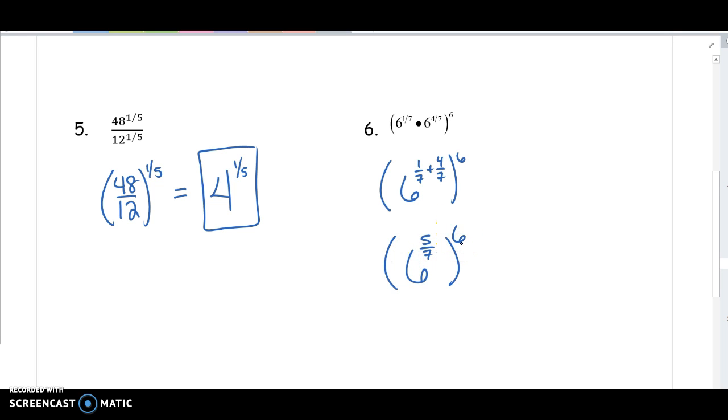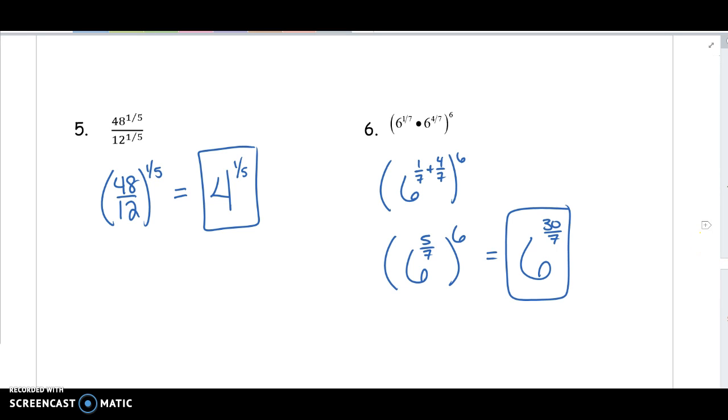Then we need to raise that whole thing to the 6th. Now we need to multiply those exponents. So multiply 5/7 times 6. 6 raised to the 30/7ths. How you would ever get that in an actual problem, I have no idea, but whatever.